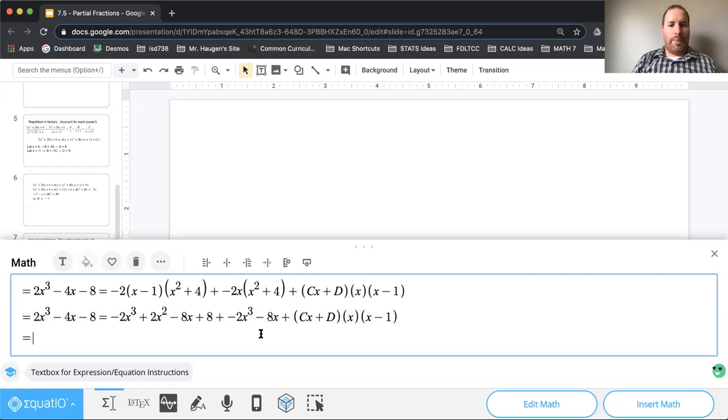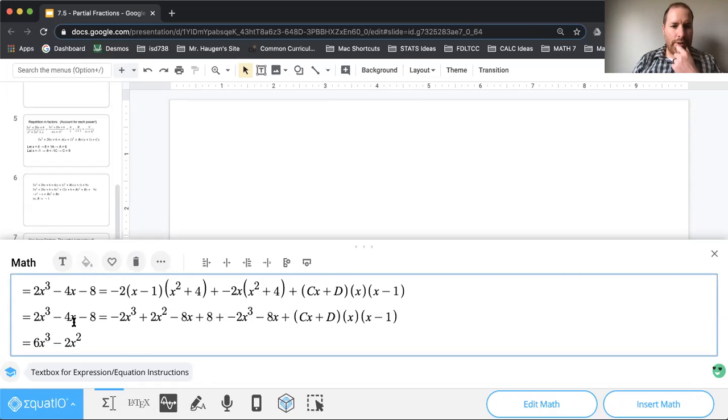We'll put equals. Now we send everything that doesn't have the c's and d's, which we'll keep, over to the other side. For example, we have a negative 2x cubed. We'll add that over, and add over this one, so we'll have 6x cubed over here, because we have one here, another from this one, and another from this one. As far as the x squareds are concerned, we have a 2x squared here, no more x squared, so we'll have a negative 2x squared.